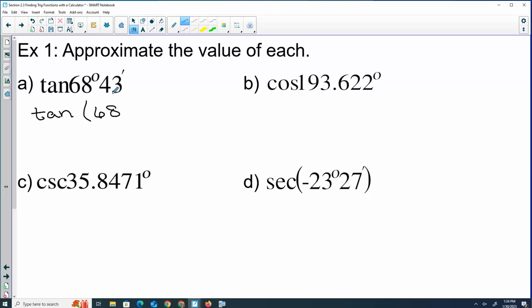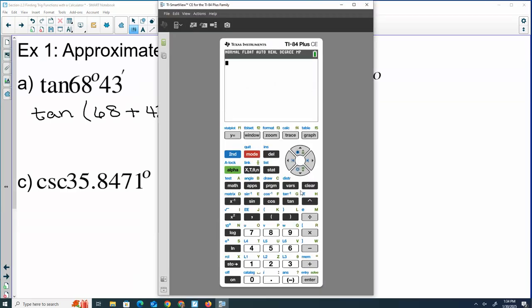when we change minutes into decimal form, what do we do to it? So I'm just, in my parentheses, going to type 68 plus 43 divided by 60. So tangent, 68 plus 43 over 60.